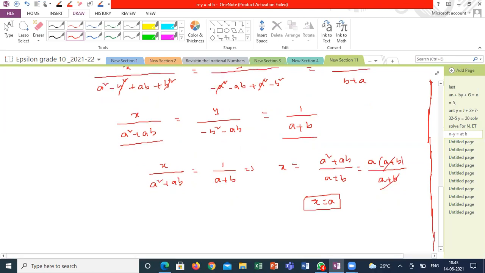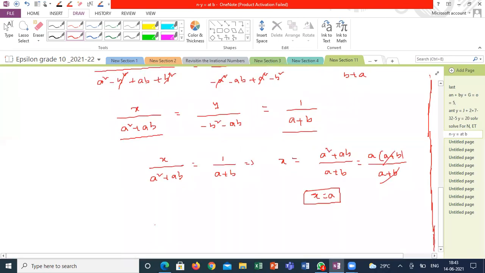Yes, sir. Now if I am taking y ratio, y divided by minus b square minus ab will be equal to 1 by a plus b. From here, y is equal to minus b square minus ab divided by a plus b.